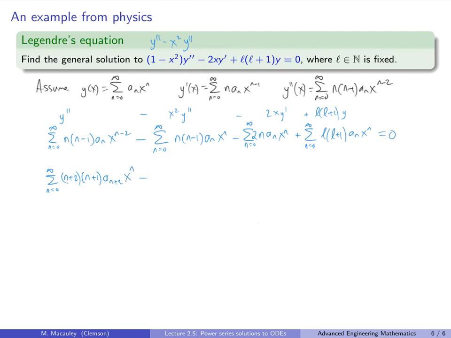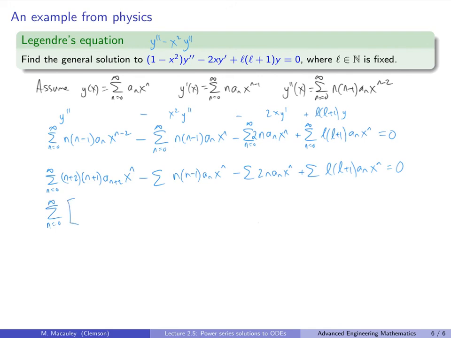And then minus n minus 1 a_n x to the n, minus 2n a_n x to the n, plus l times l plus 1 a_n x to the n equals 0. I'm not going to write these indices because they're the same for all of them. Now I want to combine these into a single sum, n equals 1 to infinity.